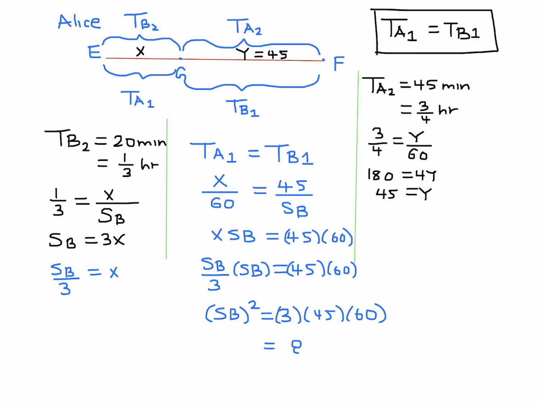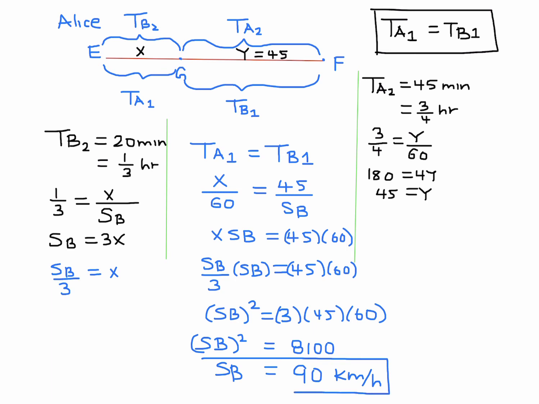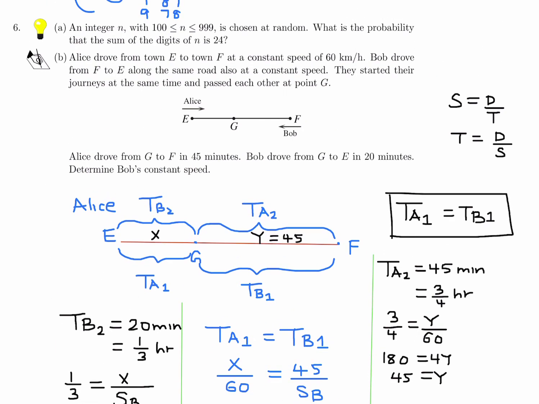And that is 8,100 for SB squared. And therefore, if you take the square root of that, you will get 90 for SB. And SB represents the speed in kilometers per hour of Bob. And that is what they wanted us to figure out.